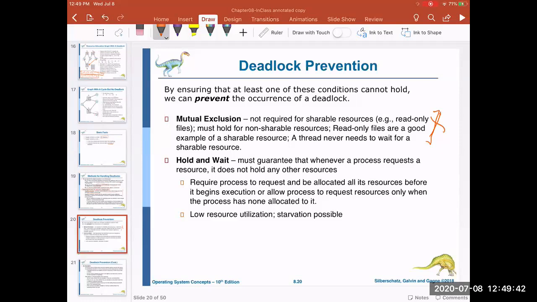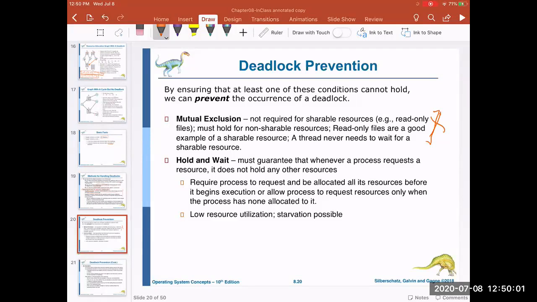Now mutex or semaphore, binary semaphore, they are non-shareable. That is why they are atomic in nature. Whenever they happen, they run to completion, and they are non-shareable.